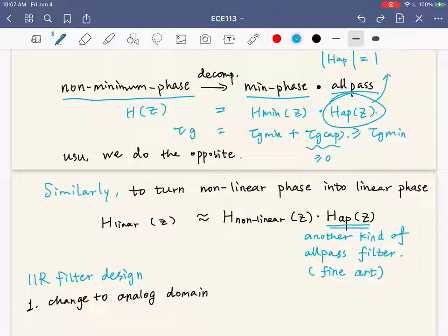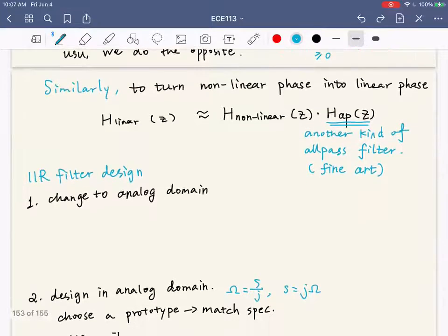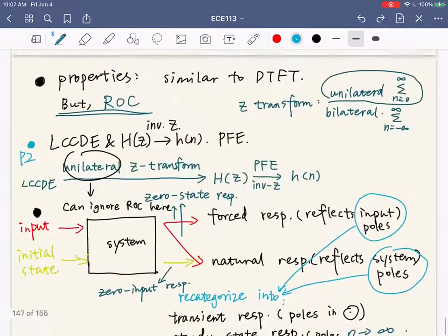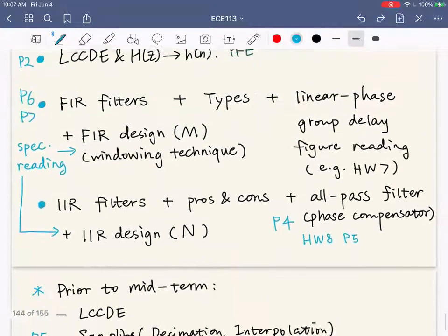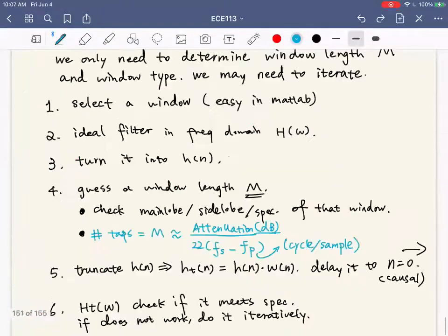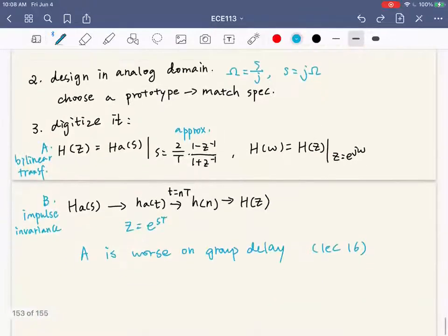In the lecture, we also don't spend too much time covering the calculation details, but there's a kind of all-pass filter that can compensate the linear phase. Like I said before, I recommend you carefully do problem 5 in homework 8 to see if you're understanding all-pass filter correctly. Awesome. So this is the last block of the whole discussion.